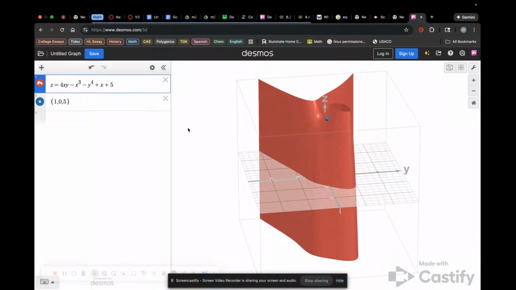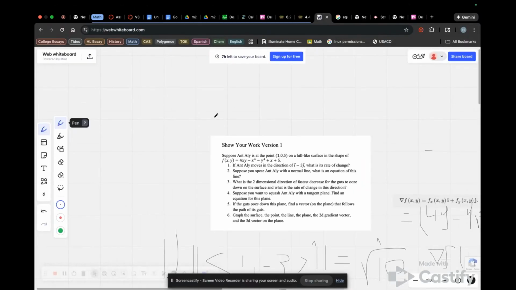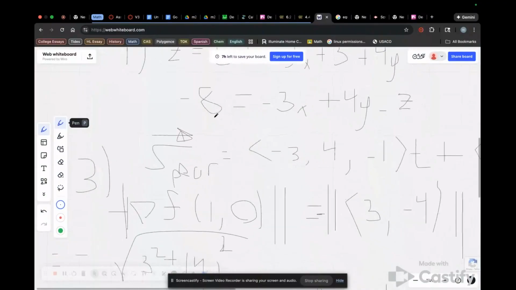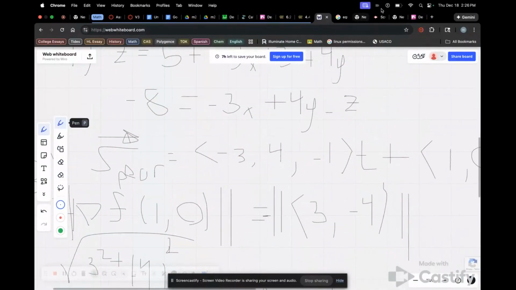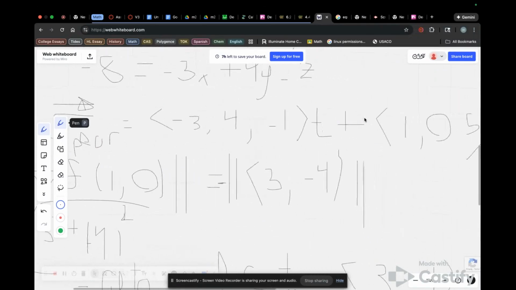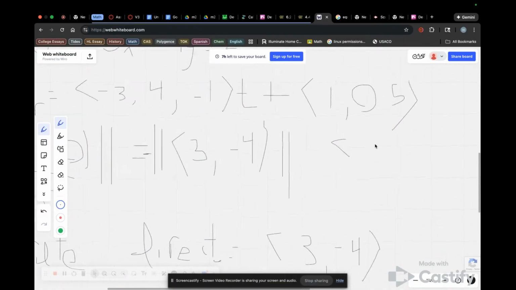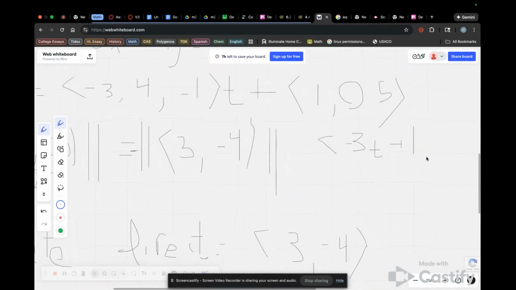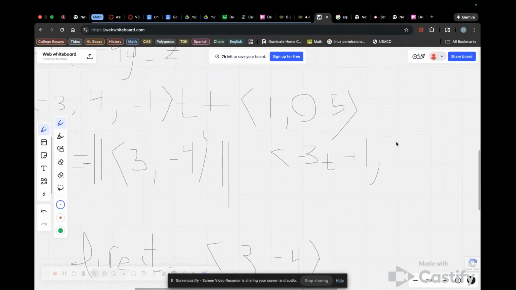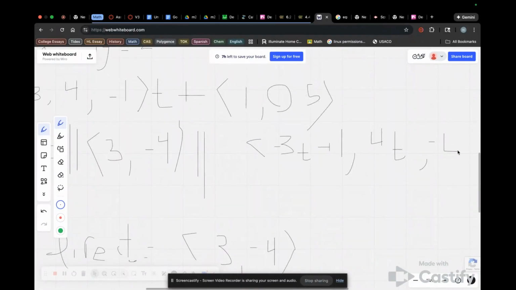Alright, so now we got our normal line. I did not put this one down. Okay, our normal line was this. I guess it's easier to rewrite this as parametric: 3t plus 1, comma, 4t, minus t plus 5.